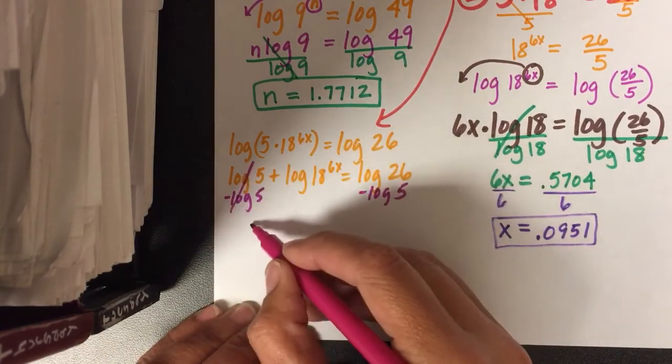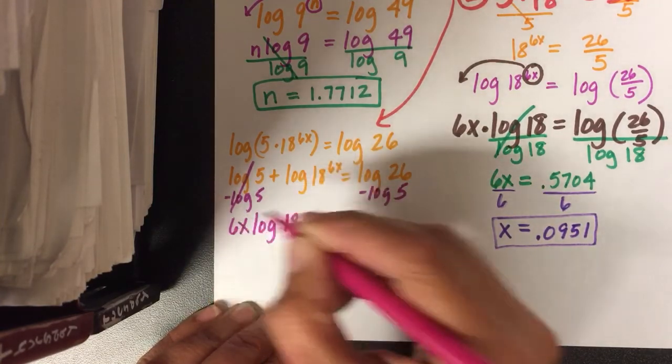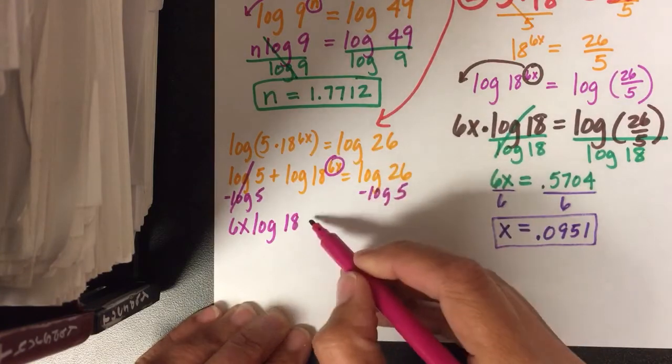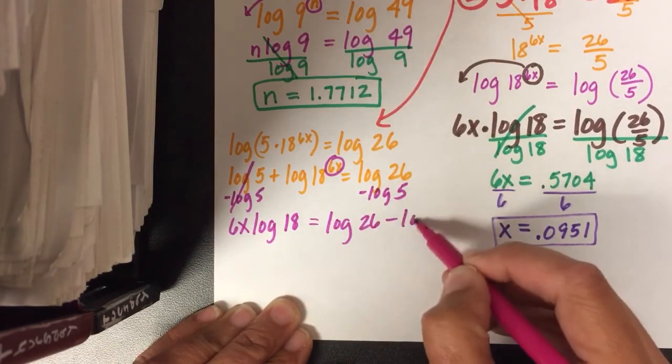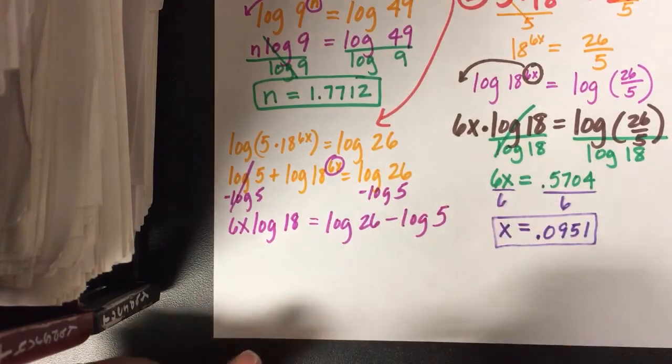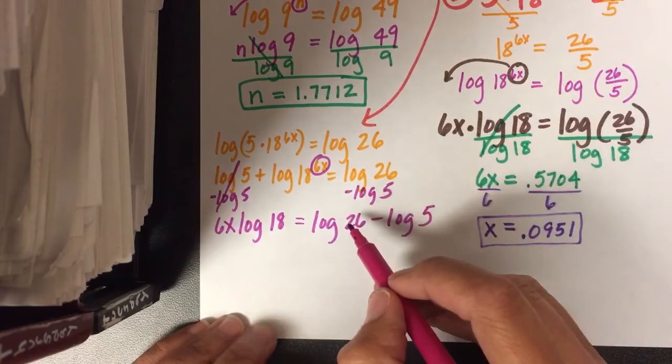So you're going to end up with log of 18, and the 6x can go in front because that's our power rule, equals log of 26 minus log of 5. That's going to put you in the same spot because this is the quotient rule.